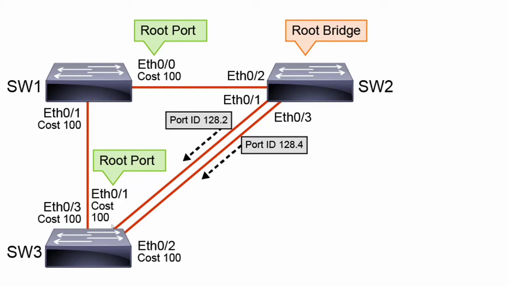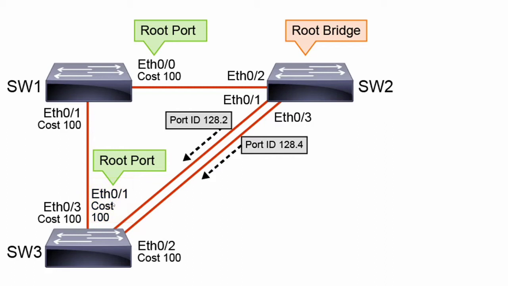So switch 2 is sending a port ID with its BPDUs. That port ID for Ethernet 01 is 128.2, and for Ethernet 03 is 128.4. The lowest port ID becomes the tiebreaker, so on switch 3, Ethernet 01 will become our root port.